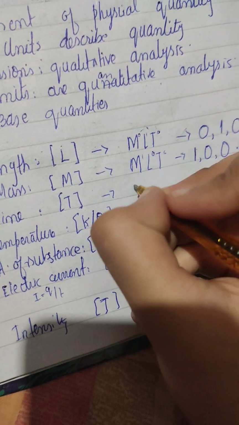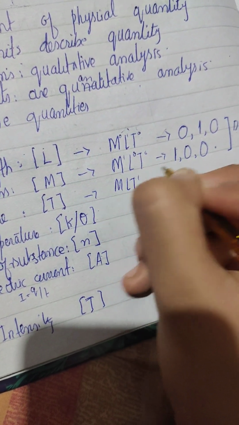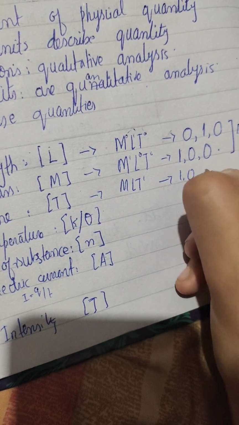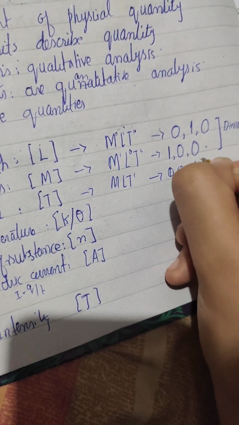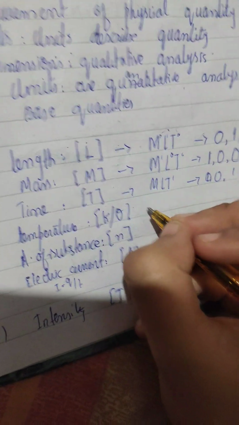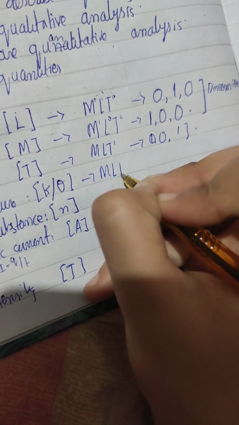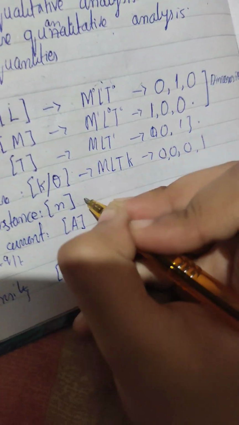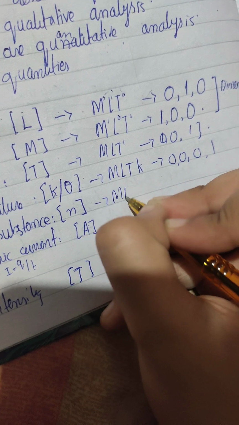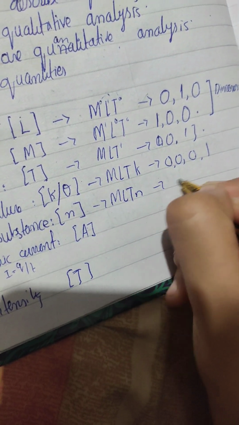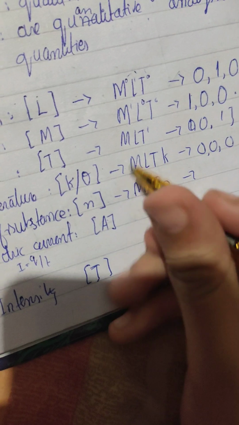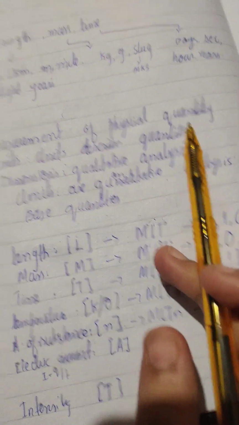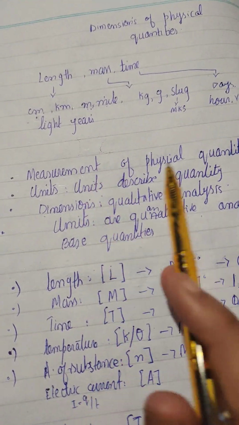Then we have MLT again, and now they have T. 0, 1, right? Then we have MLTK and 0, 0, 0, 1. Then we have MLTN 0, 0, 0, 1. Then the same goes with everyone, right? So these were the dimensions.